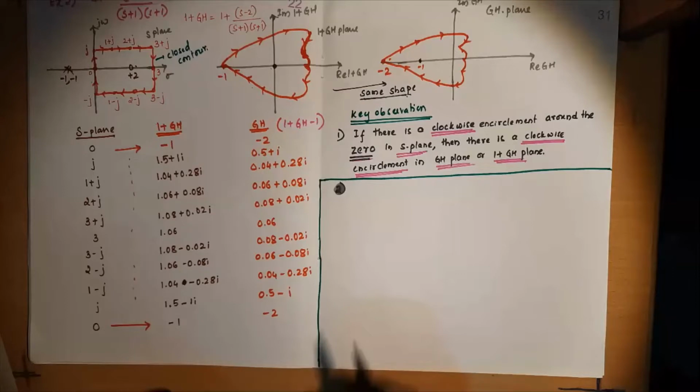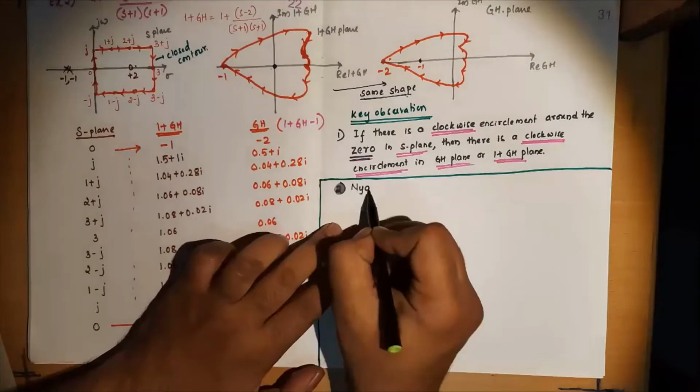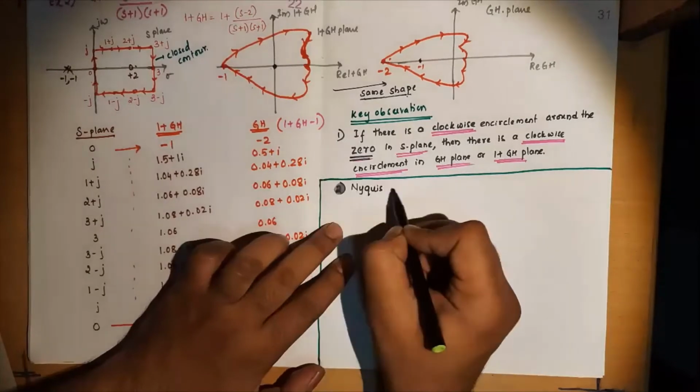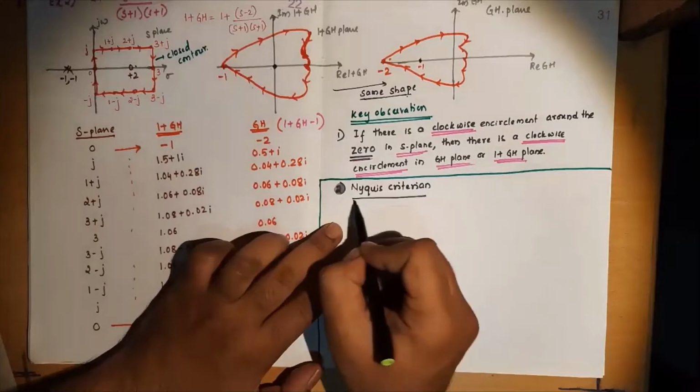Fine. So we did this mapping circus for two of the transfer functions, and now we're in a position to state the Nyquist formula. So let us see what that Nyquist criterion is. The Nyquist criterion is much simpler than the mapping we did.